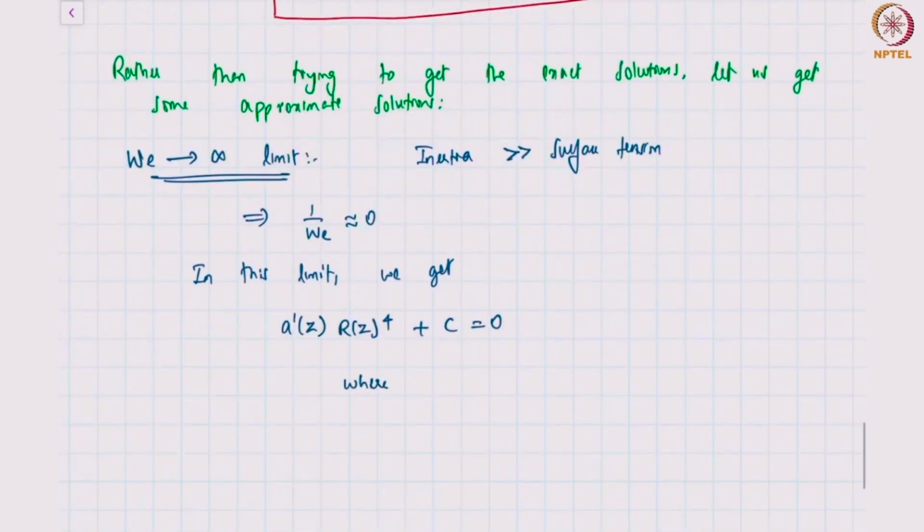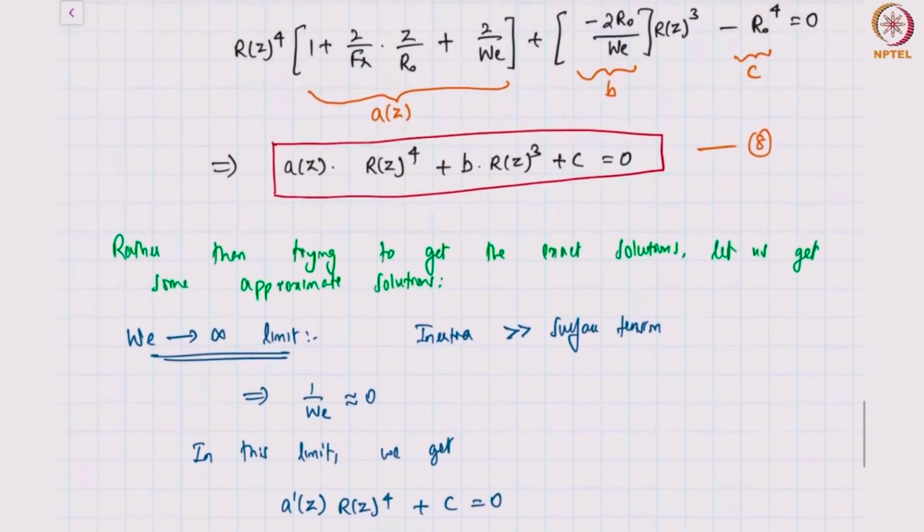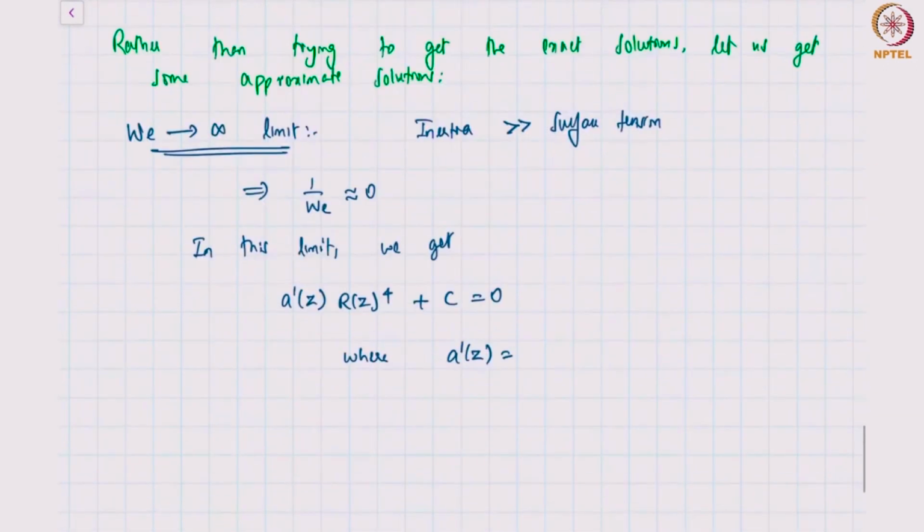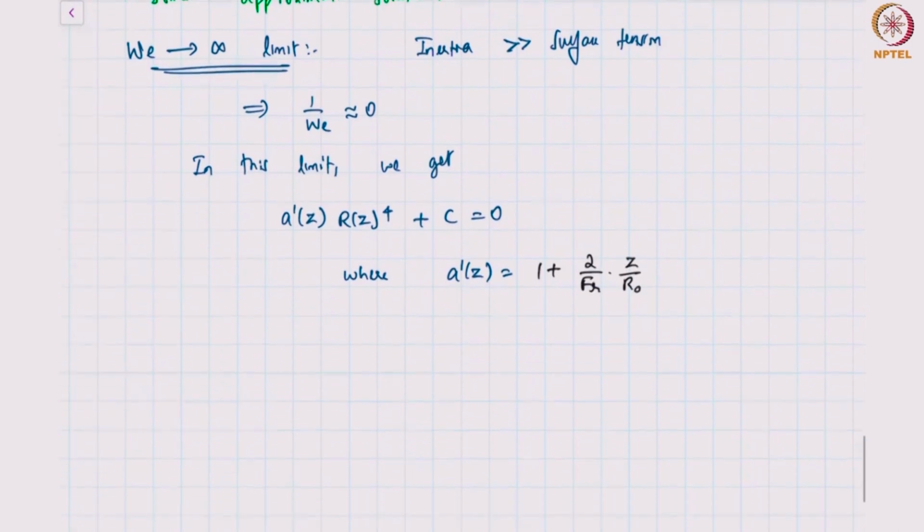I call it a prime of z because a prime is different from a of z in that the Weber number term that I am highlighting here disappears. So a prime would be 1 plus 2 by Froude number into z by r naught.